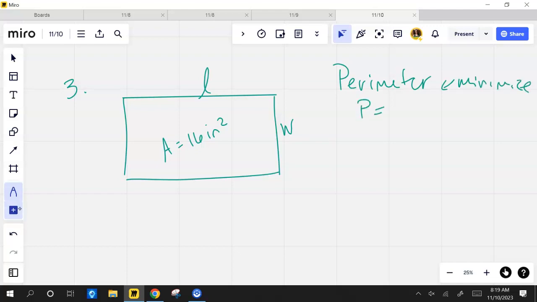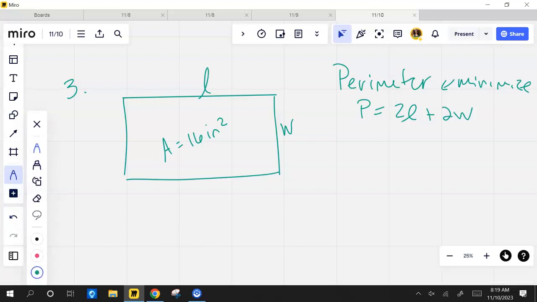So perimeter is going to be 2L plus 2W. But the problem is I can't take the derivative the way it sits there to find the minimum, right? So what am I going to have to do? I need another equation. I'm going to use the area equation that was given. The area is 16, and to find area, I do length times width, right?